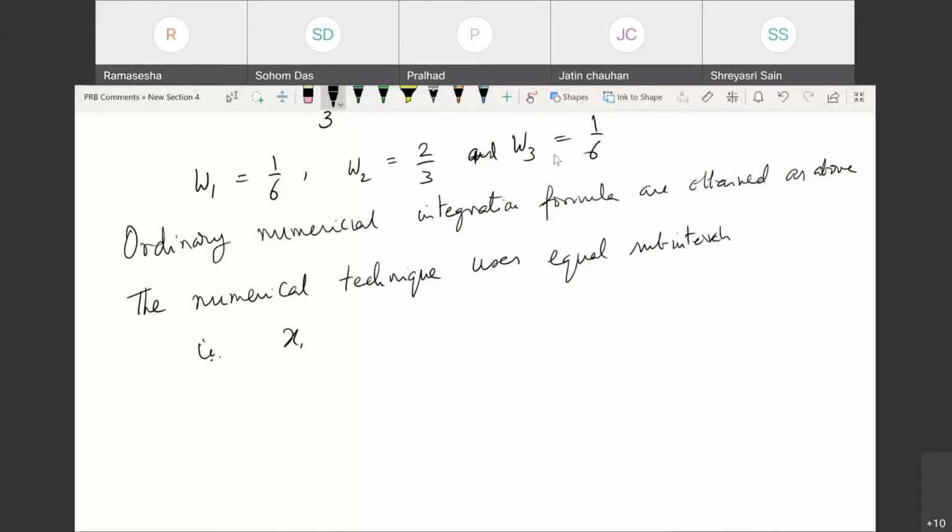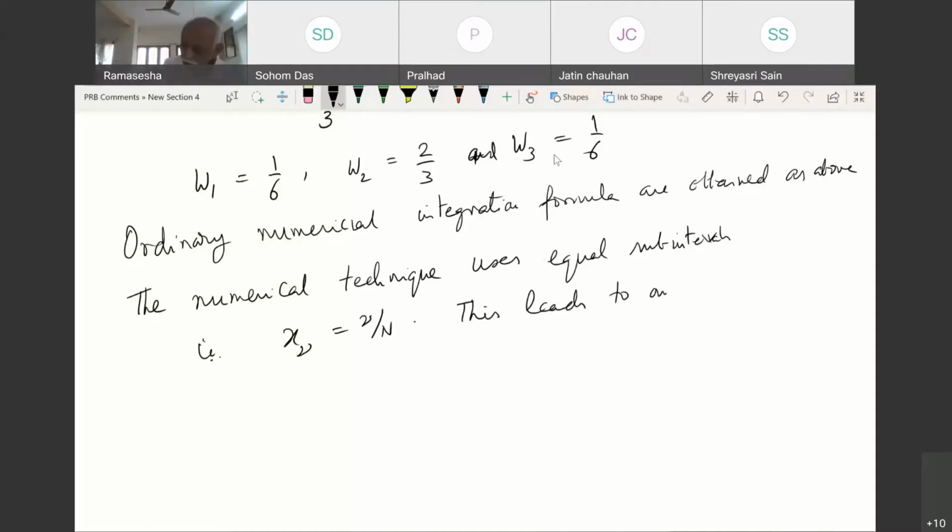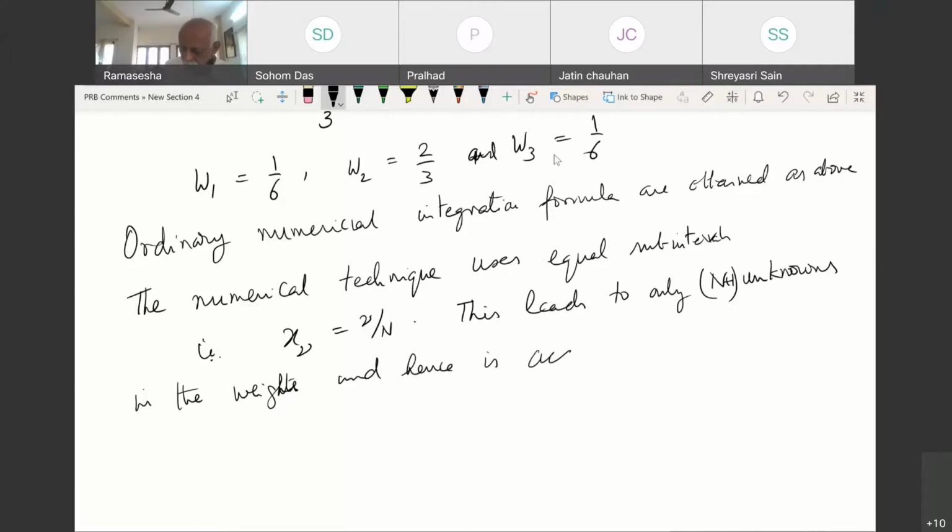So this leads to only n unknowns or n plus 1 unknowns, and hence it is accurate only up to polynomials of degree n.